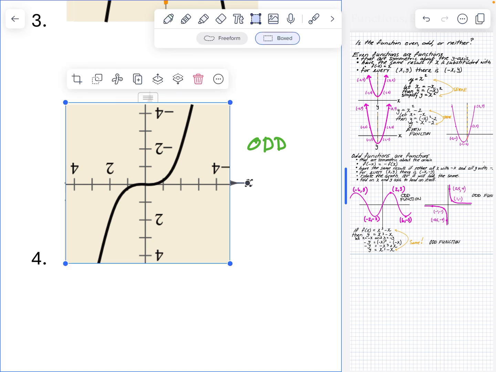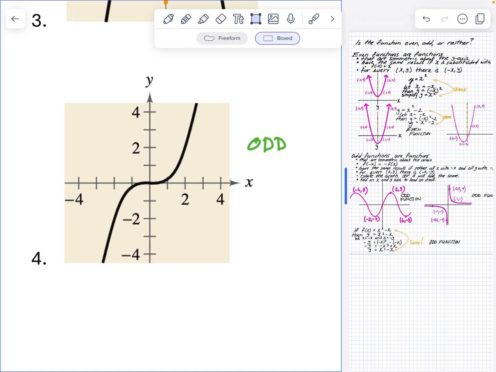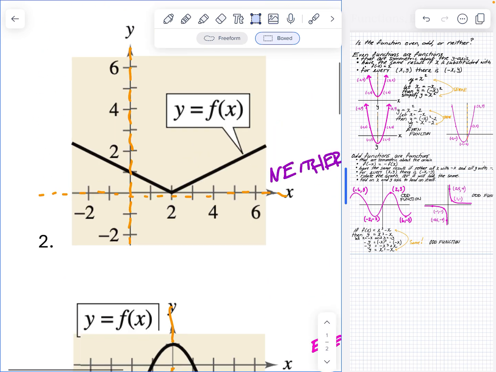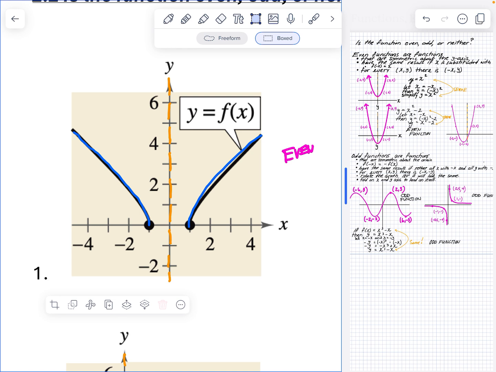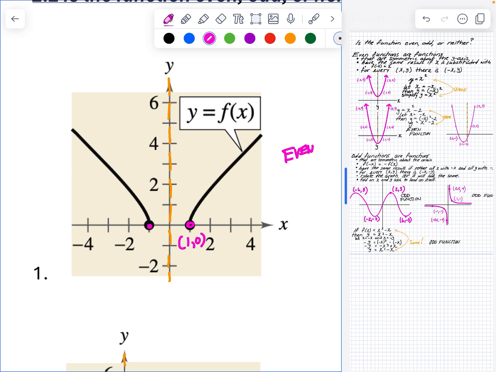The other thing I would like you to notice is if it is an even function, let's go back here. If it is an even function, then if I have a point 1, 0, I also have the point -1, 0.